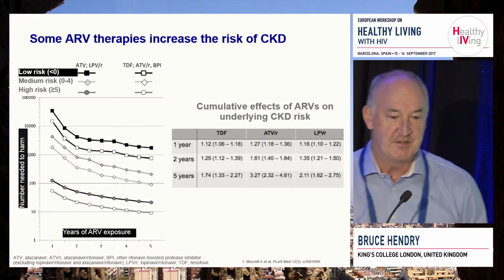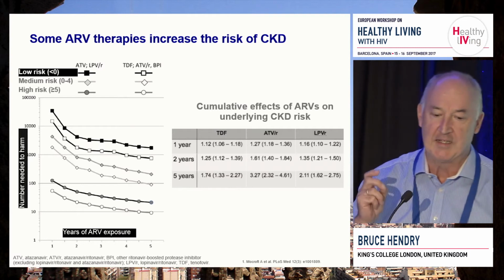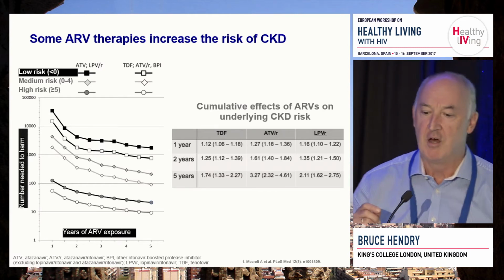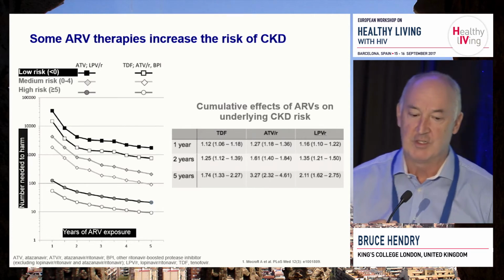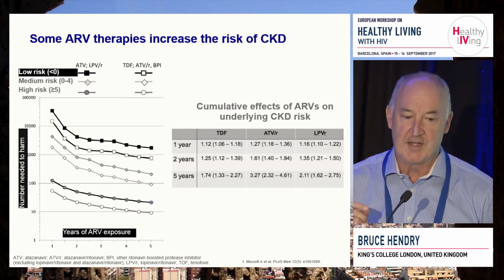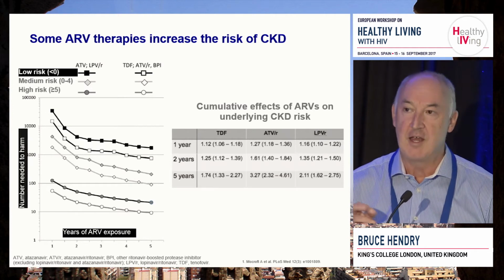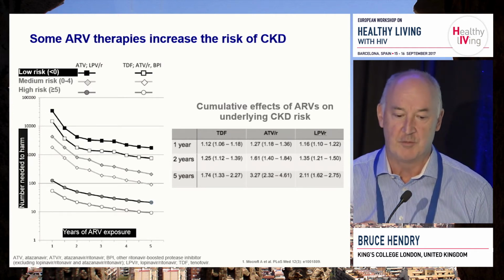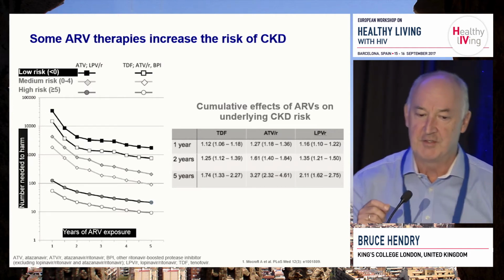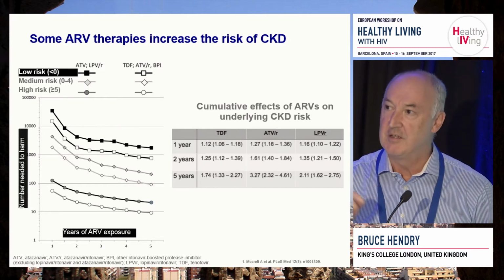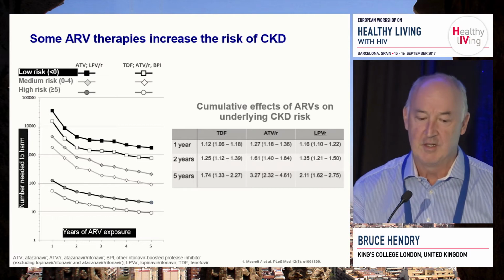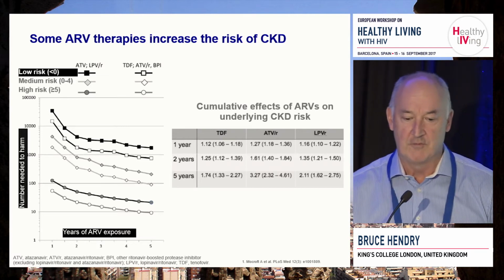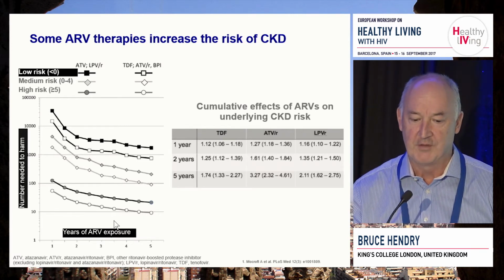One reason it matters is shown here. If you look at the number needed to harm, we call harm here developing new CKD stage 3 or worse, you can demonstrate that those patients who have high risk at the initiation of therapy and are then started on therapies which we've identified in the data I've shown you as being renal risk linked, then the number needed to harm over a period of therapy of 4 to 5 years comes down to the range of 10 to 30.